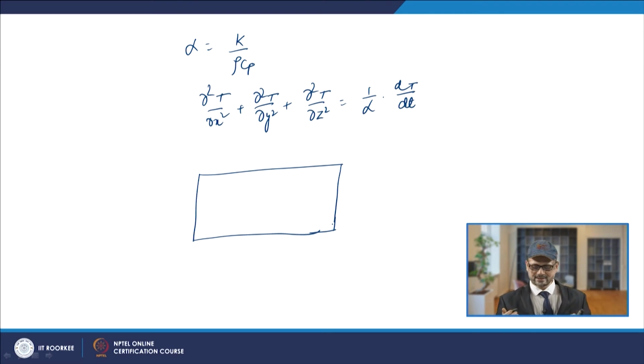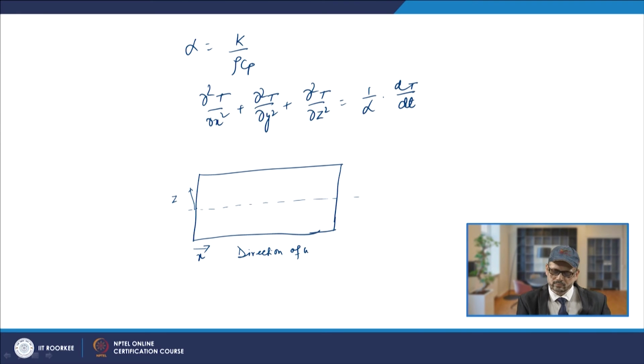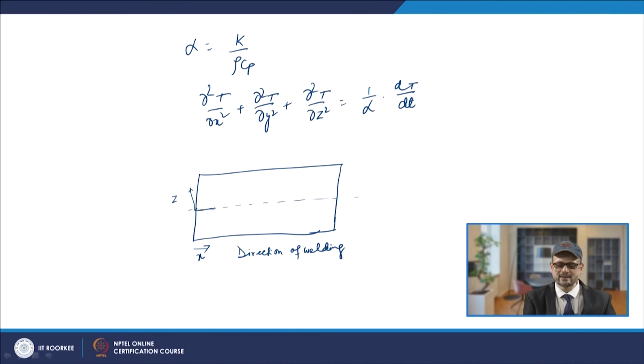Suppose you define this as your x direction, and this as your z direction, where x is the direction of welding. In this case, the heat source is not fixed at any particular point. Basically, it is moving in this x direction.